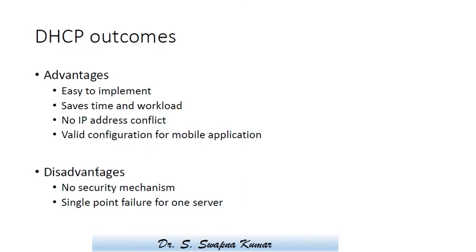Next we see the disadvantage part. No security mechanisms. That means the DHCP server, as seen in the current and the previous slide, has no secure mechanism for the authentication of the clients, because most clients join the network.